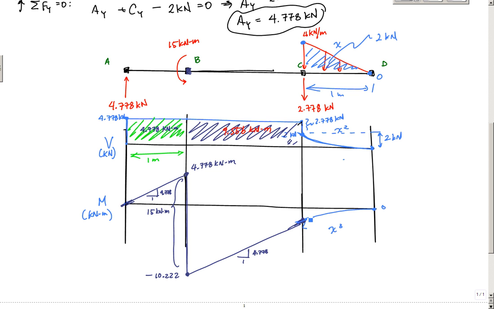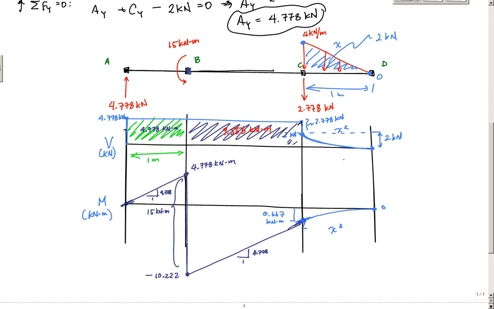By the way, this value, 10.22 minus 9.556, has a magnitude of 0.667 kilonewton meters. And if I did everything correctly, I should go down to 0 here.